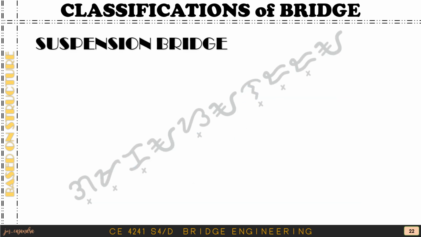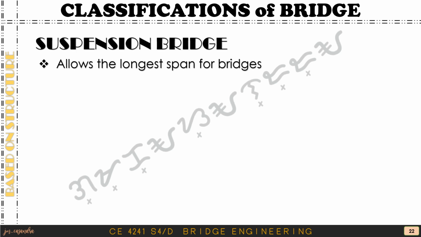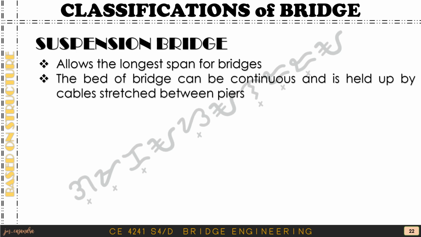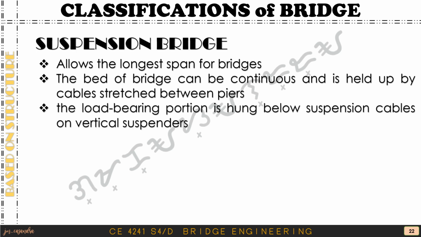Next is the suspension bridge, which would allow long spans for bridges. The bed of the bridge can be continuous and is held up by cables, which are stretched between the piers. In a suspension bridge, the load-bearing portion would be hung below suspension cables on vertical suspenders.